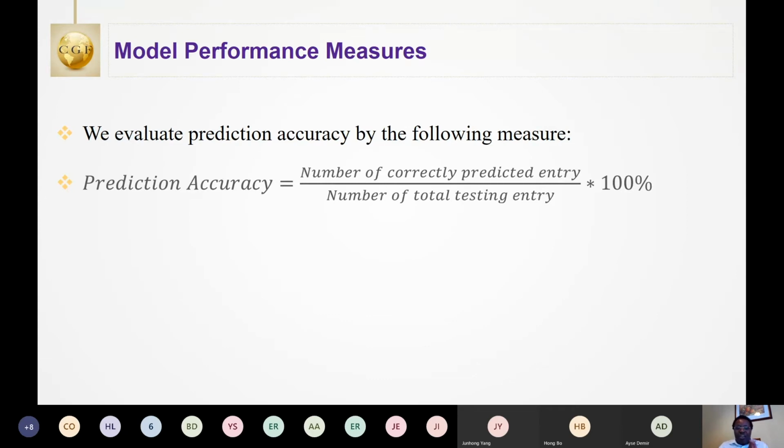Here, we only focus on one or two measures of predictive accuracy of the model. We could expand them to about 6 or 8 in the standard literature. Here, we just measure predictive accuracy as the number of correctly predicted entries over the number of total testing entries, as a percentage.